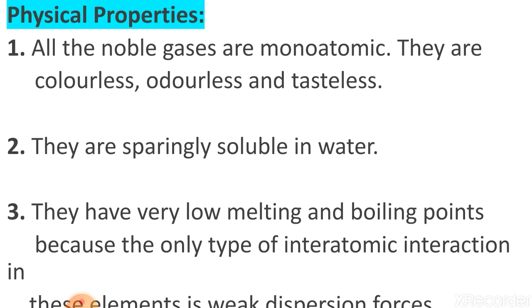Now, about being sparingly soluble in water: even the inert gases dissolve in water, as the polar nature of water will polarize the atoms of helium, neon, argon, and due to this polarization one interaction develops, known as dipole induced dipole interaction. That's why they are sparingly soluble, and the solubility increases down the group. This is due to the larger size of xenon, which is why xenon is more soluble than the rest of the group 18 elements.